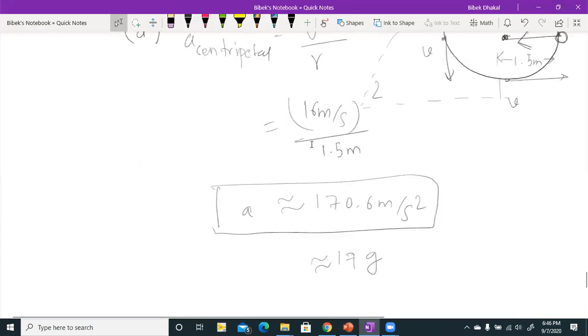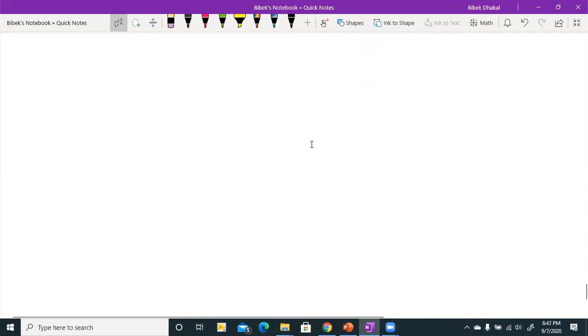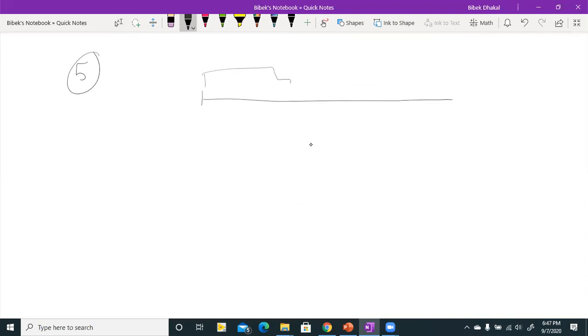So it's a force related problem, so it involves Newton's laws of motion. You have a car that's traveling in a straight line. The mass of the car is 1200 kilograms, and the initial velocity was 20 meters per second.